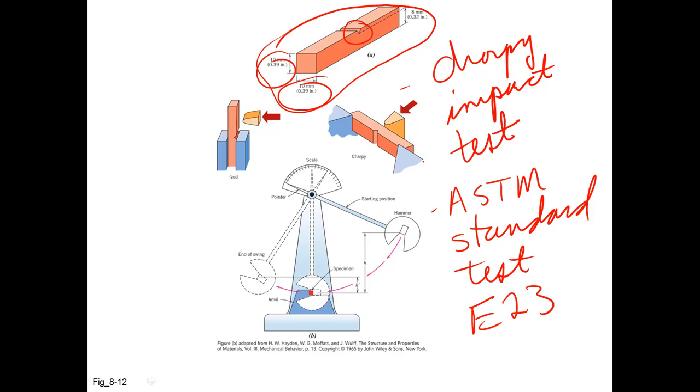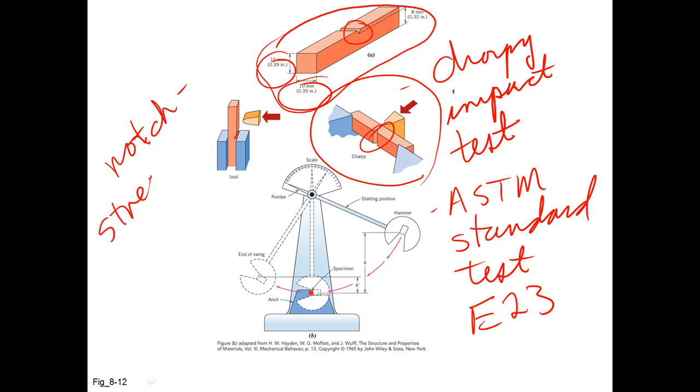You can see the loading conditions. The sample is laid horizontally so that a hammer strikes the sample on the side opposite the notch. The notch is a stress concentrator, which ensures that the sample fractures at the notch.